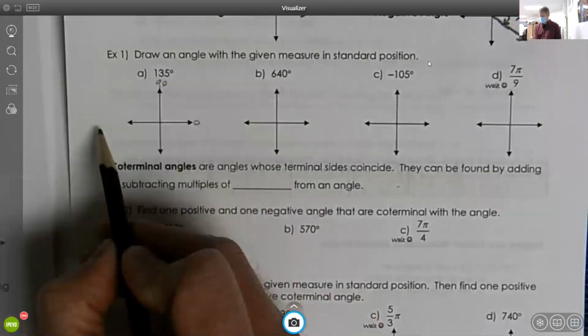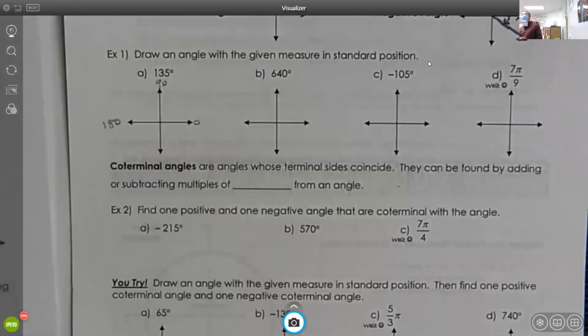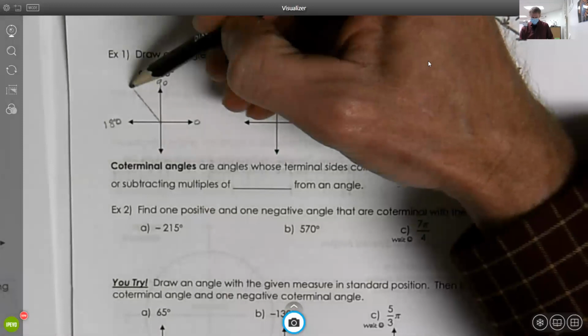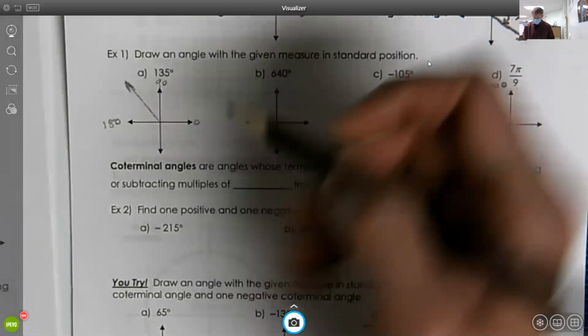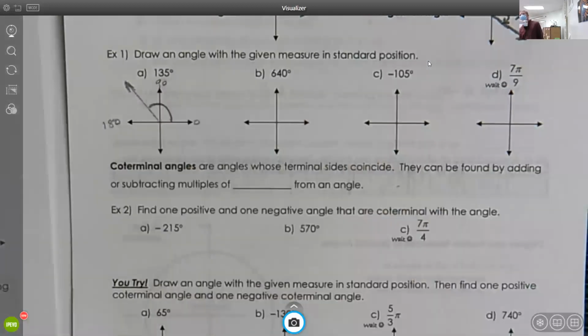We know 180 is all the way to the left side. So 135 actually falls exactly in between 90 and 180. It is 45 degrees past the 90. And that would be your 135 degree angle.